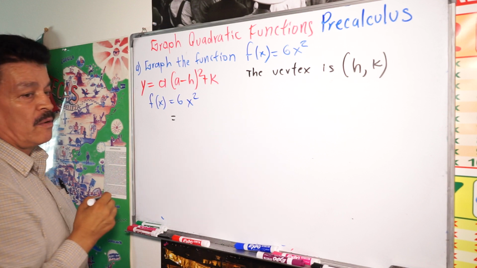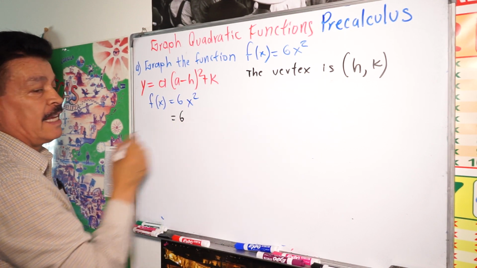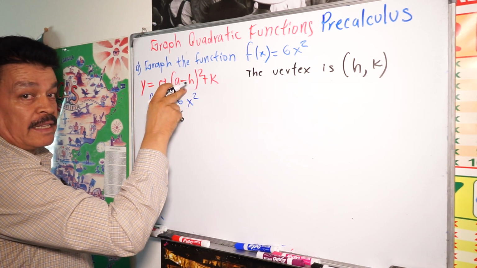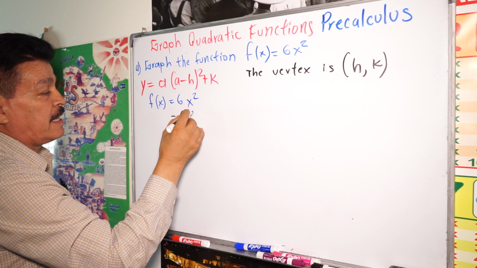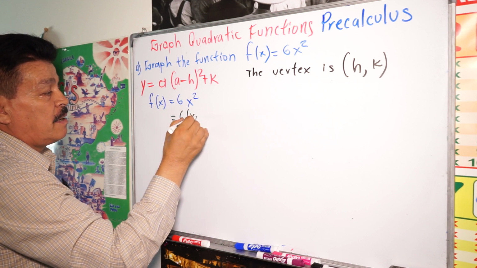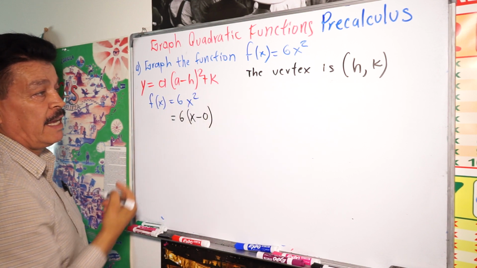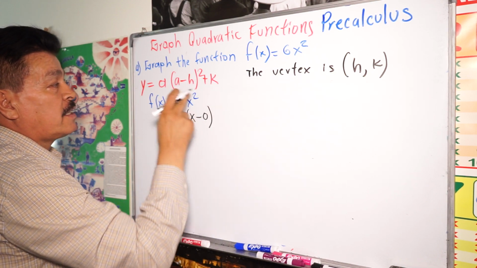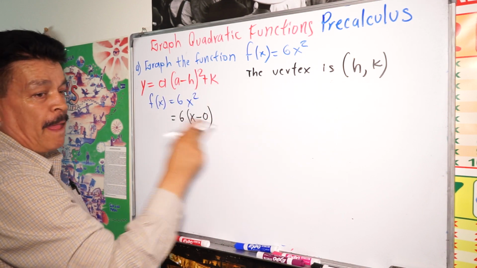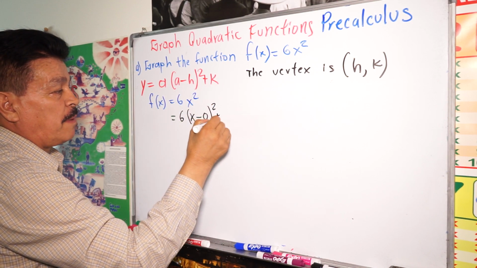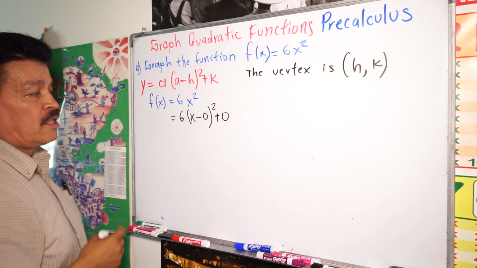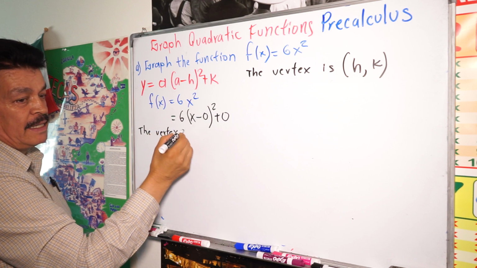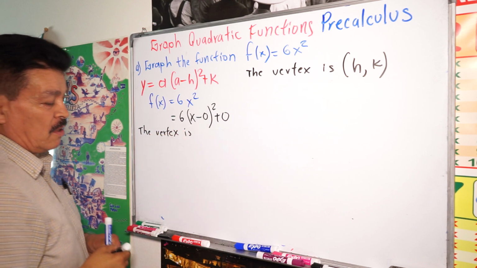Next step, taking this formula, 6 is going to be 6 times (x minus 0) to the second power plus 0, because h and k in this case are 0. So what is the vertex then?